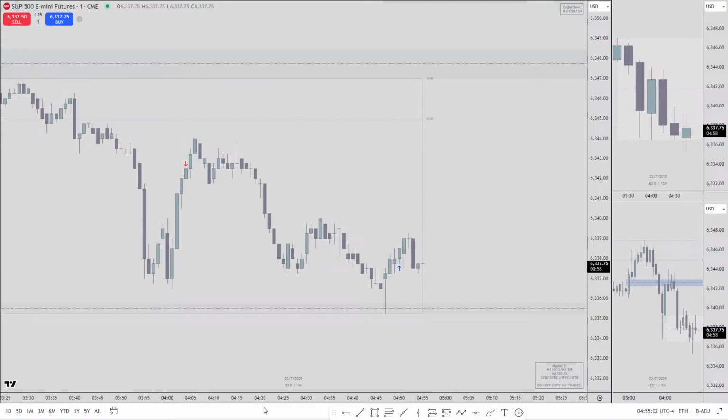Oh, it's closing back below the consequent encroachment. That means it's going to go lower again, I guess.